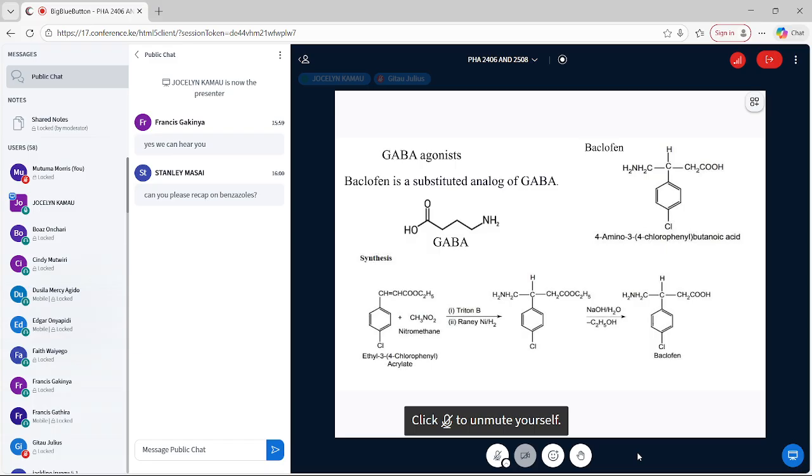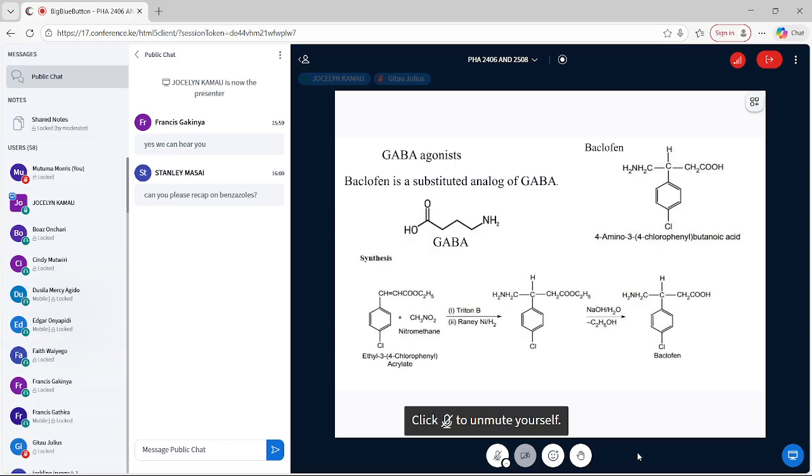Baclofen, again, is very simple. When you look at the structure, I hope you can appreciate that baclofen will be able to bind the receptor. The chloro group there is important. Because of this group, the phenyl ring does not undergo metabolism. The main metabolism is through this group here.